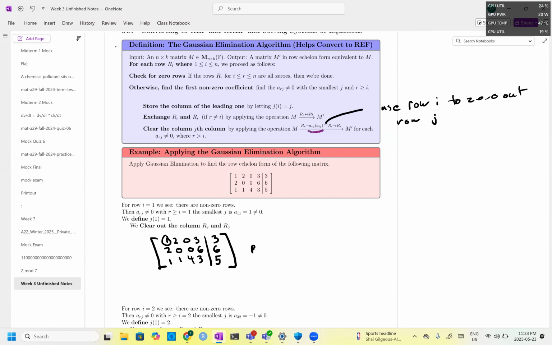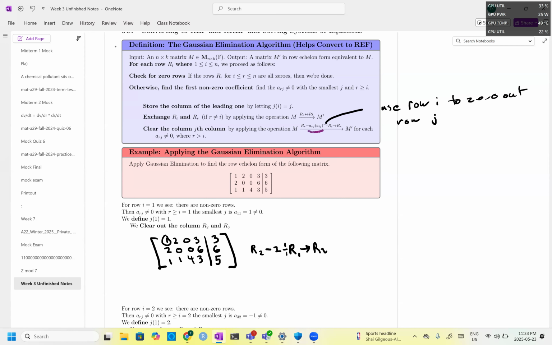To do this, we're going to take R2 minus something times R1 to replace R2. Okay. And that value that we were multiplying here is the value of R2, 2, times the multiplicative inverse of R1, which is 1 over 1.